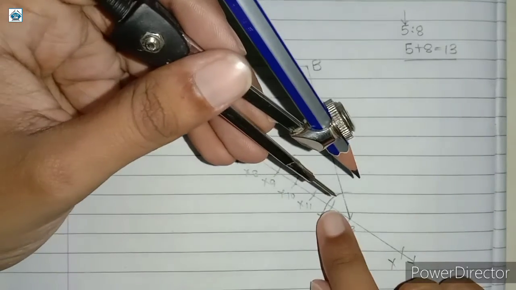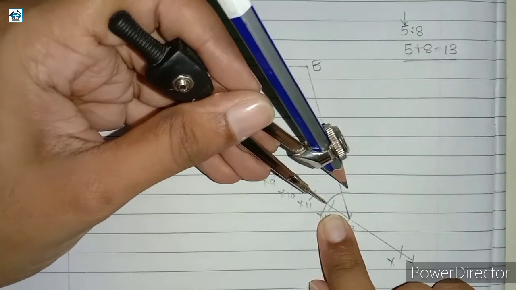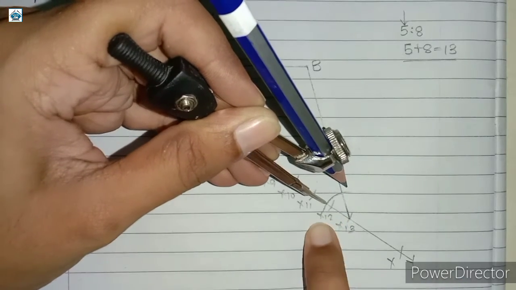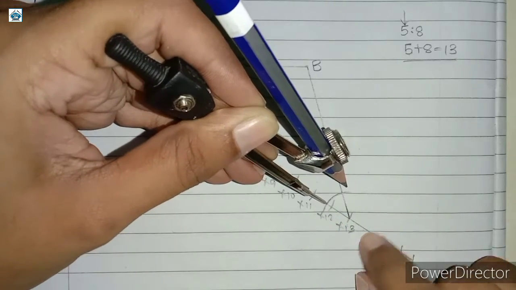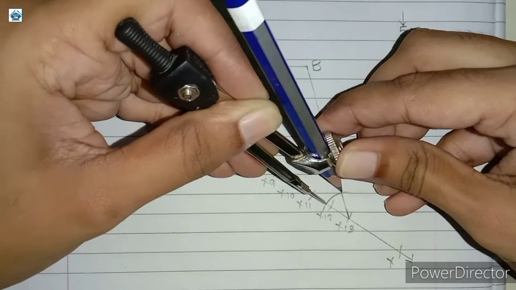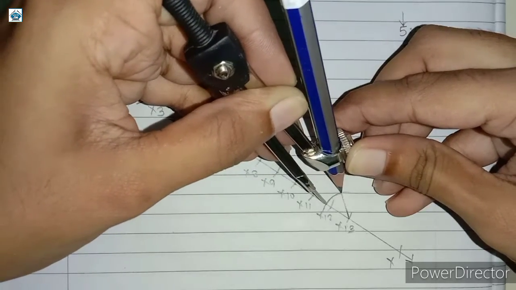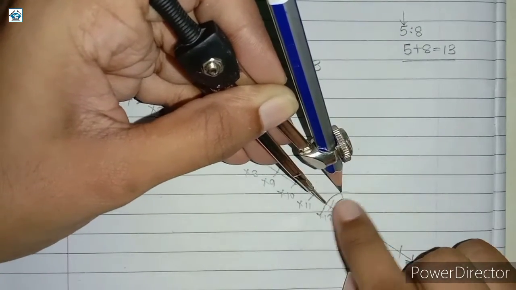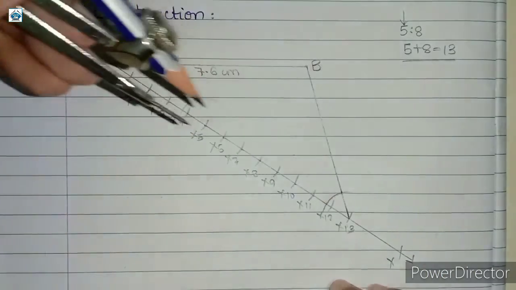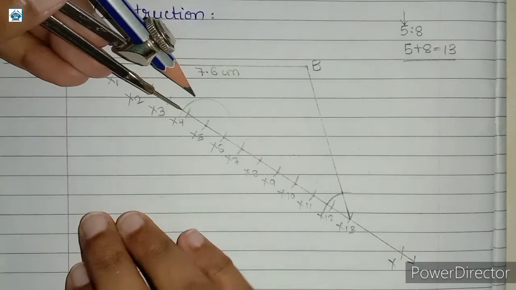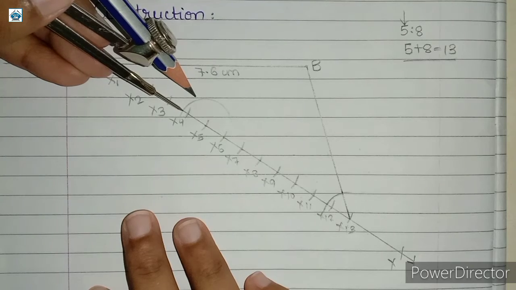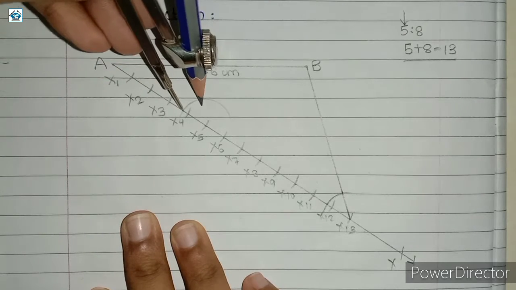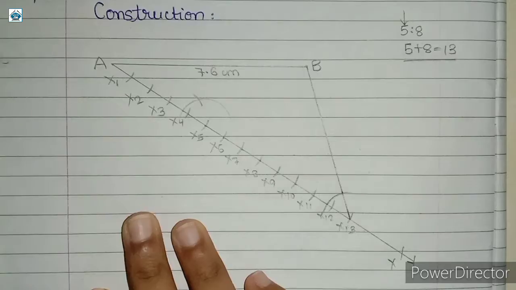Now, the next step is keep the pointer over here at the point of intersection of AX with this arc, and then measure this distance. So once after you have measured this distance, keep the pointer at the point of intersection of the previously drawn arc and draw another arc.